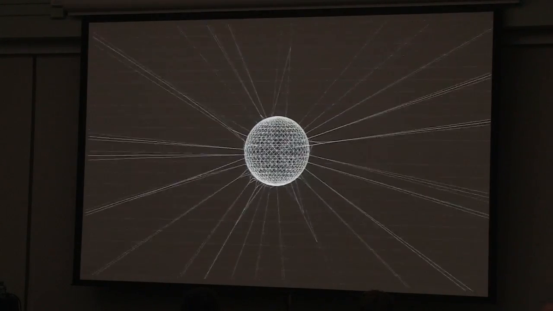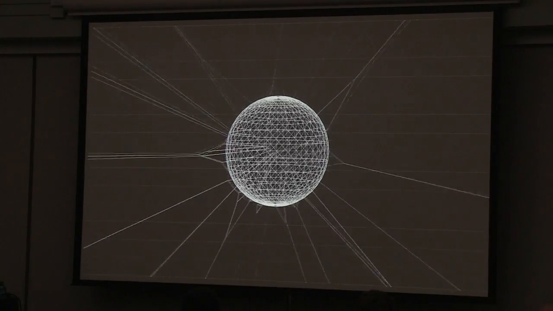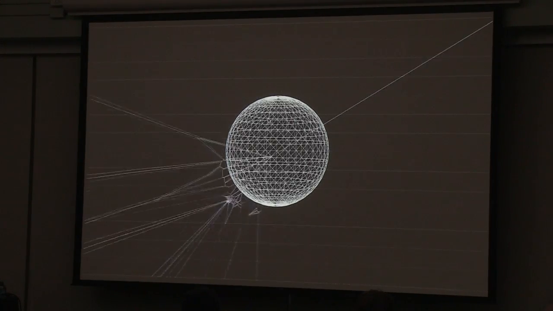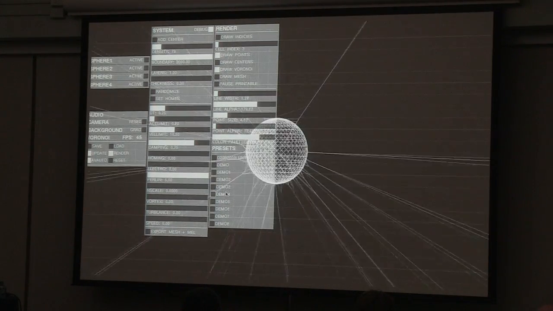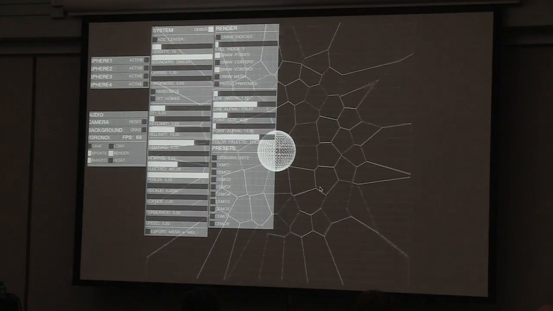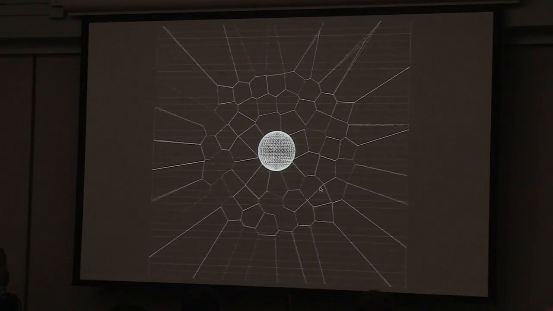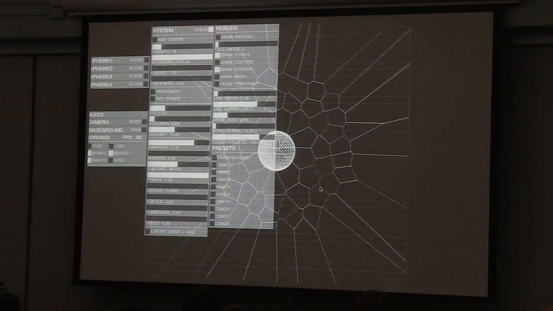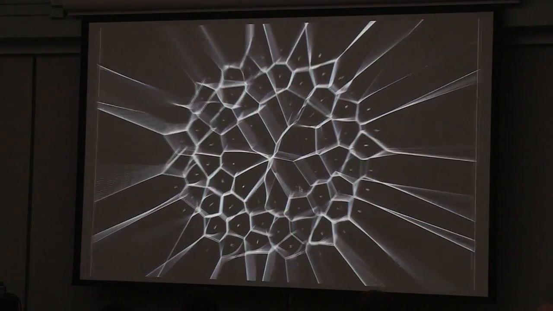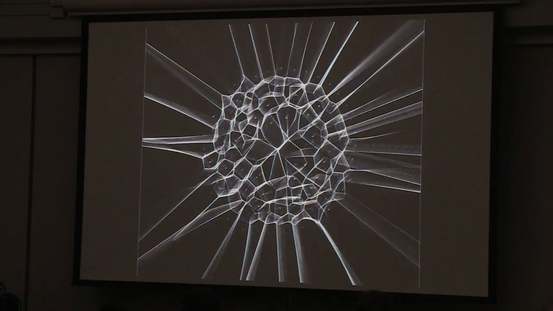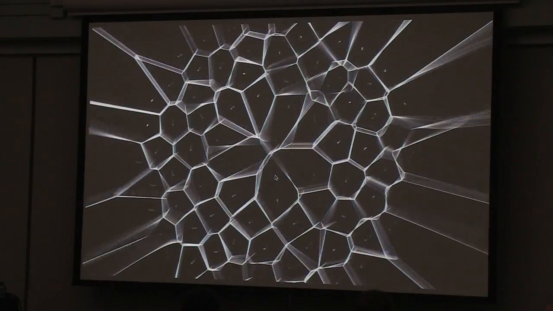If you have a sphere in the center and the points are attracted to the sphere, you get this kind of tessellation pattern. But if you apply electromagnetic repulsion, they'll spread themselves out evenly. And if you visualize their history over time, you get this organic kind of diagram of movement.